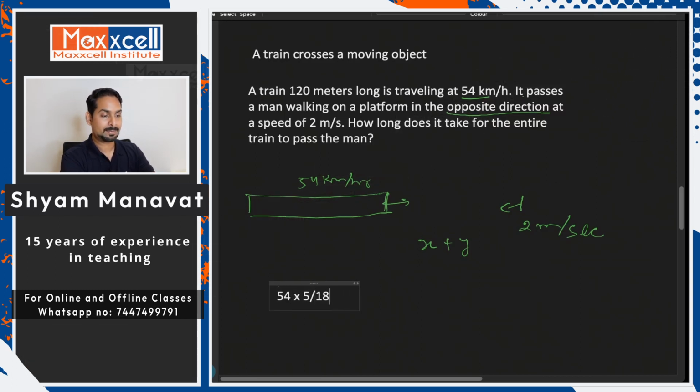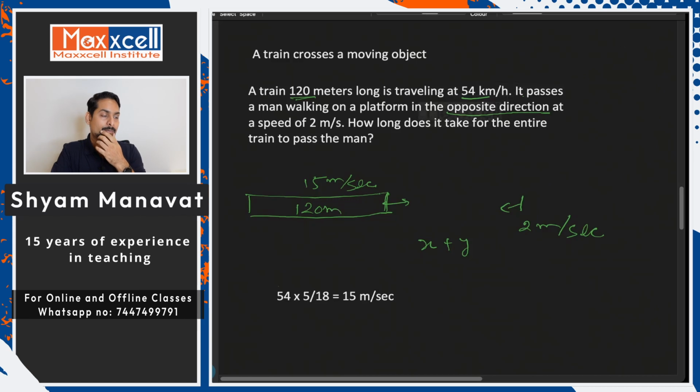Multiplying by the conversion number 5 by 18, so you get 15 meters per second. So the speed of the train is 15 meters per second. What is the length of the train? 120 meters.